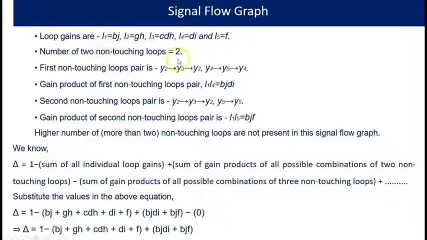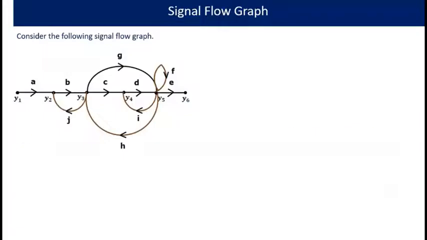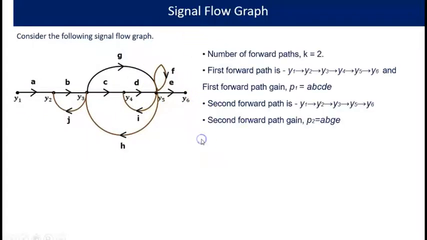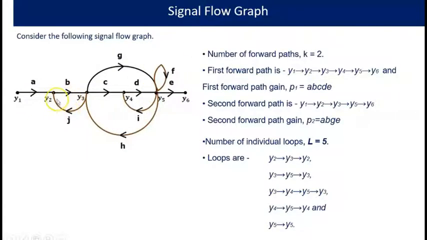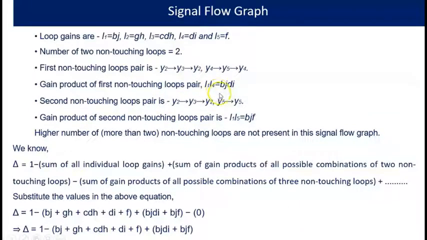And the number of pairs of two non-touching loops is equal to 2. The first pair is Y2, Y3, Y2 and Y4, Y5, Y4. The next pair is Y2, Y3, Y2 and this loop Y5. So take the gain product of the first non-touching pair, L1 and L4, that is Bj into Di.